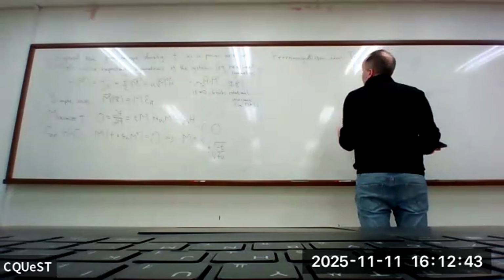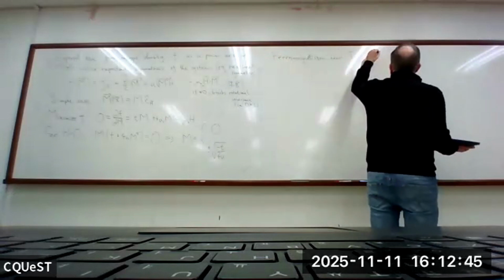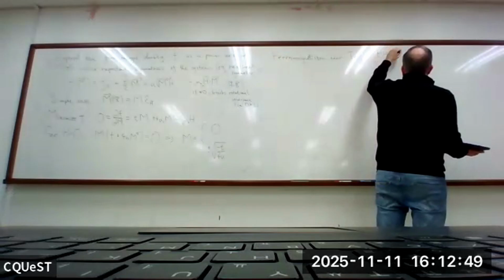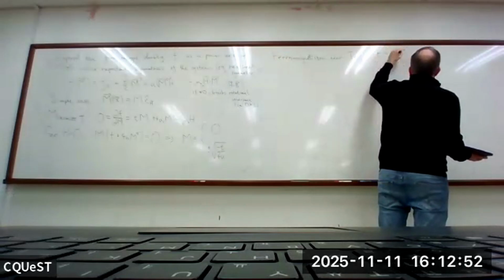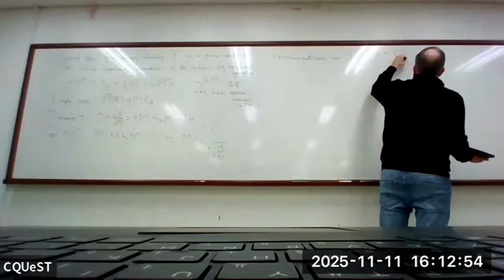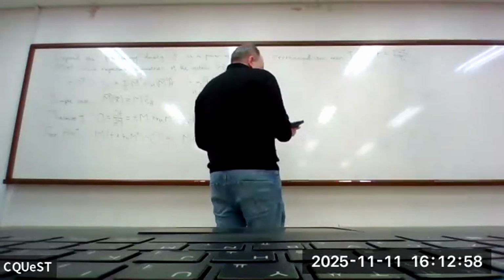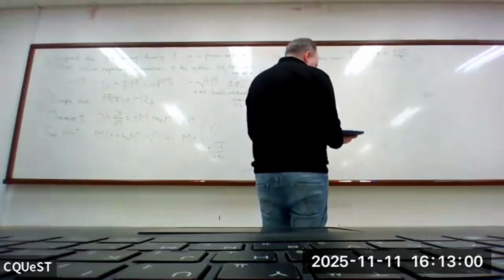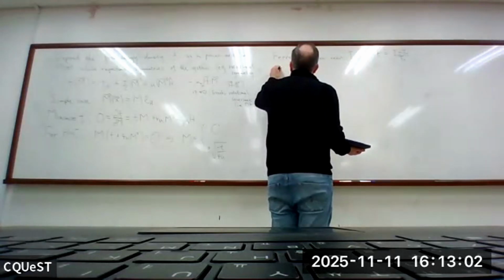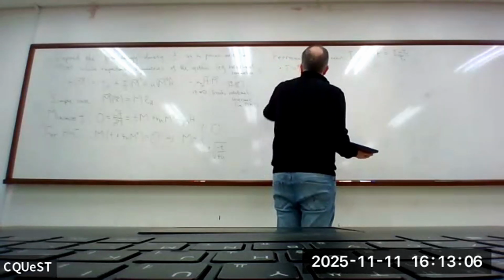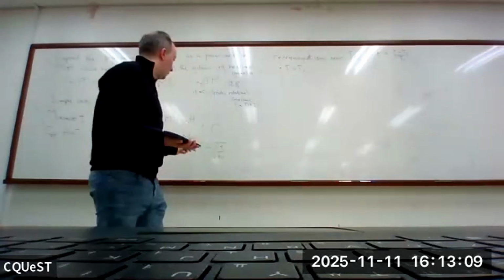In this case, we can identify this little t as a kind of reduced temperature. So it's T minus Tc over Tc. If we make this identification, then we see that for T greater than Tc, there's only one real solution.